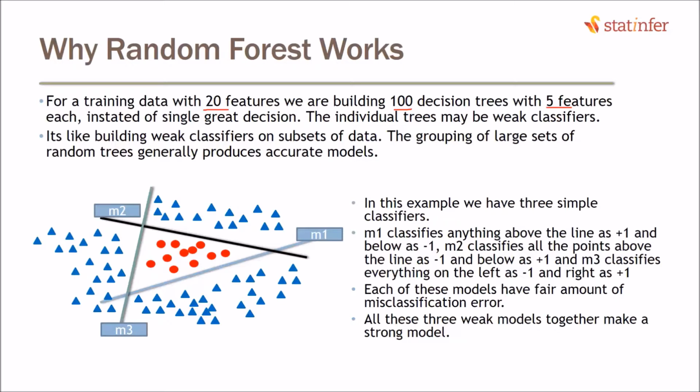Instead of a single grown decision tree, the individual trees may be weak classifiers, because instead of considering 20 features, we are considering only 5 features in each tree while building it. It's like building weak classifiers on subsets of data. The grouping of large sets of random trees generally produces an accurate model.